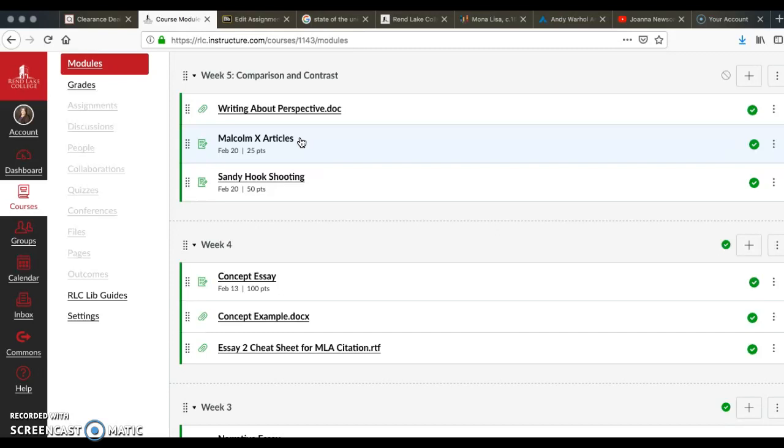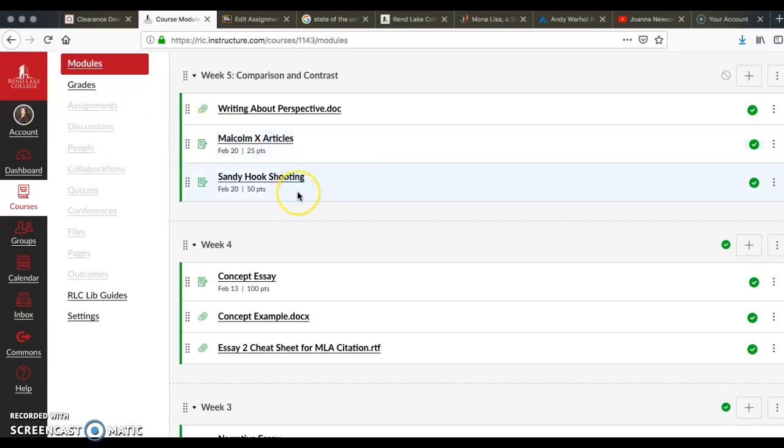So the questions that you will answer for this assignment will get you thinking about the idea that perspective is important in writing, and anything.